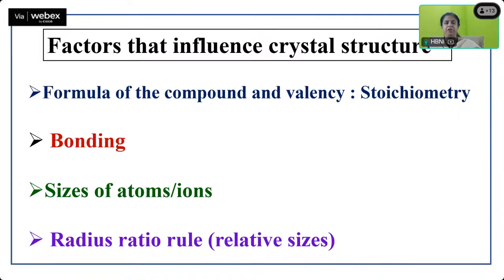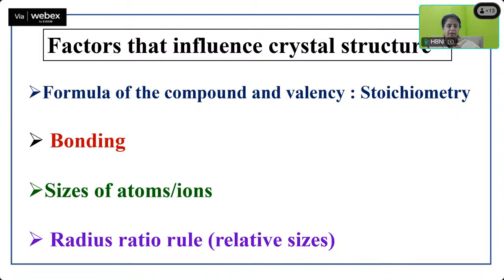That is why I mentioned the third point, the absolute size of atoms and ions, and also their relative size. So there are four factors; there are many other factors, of course, but these are the ones that contribute majorly to deciding the crystal structure of the compound that you're looking at.